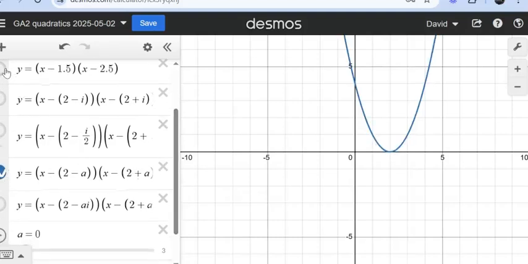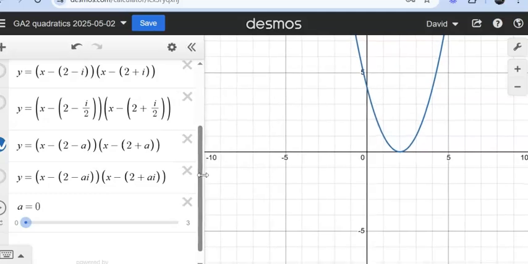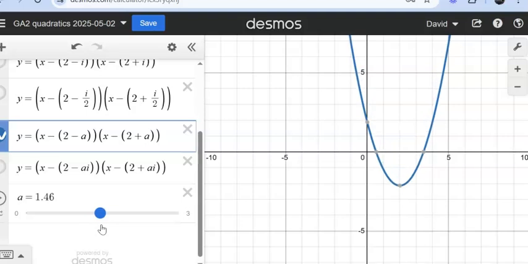I'm going to put a slider in here, and notice what I'm doing. Let me give you a little more room. I'm picking one of the roots to be 2 minus a number, usually small, and the other root to be 2 plus a number. And this is going to encapsulate all the cases we've seen before. And if I change that slider, look what happens.